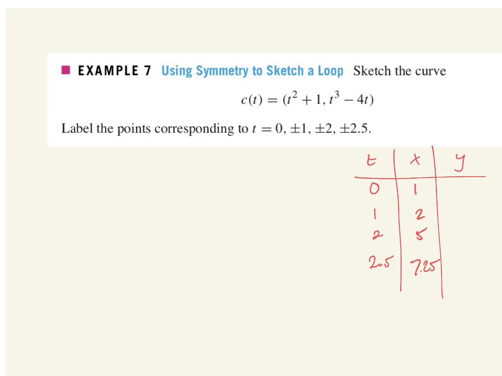And if I do the same thing with my y's, 0 gives me 0 again. 1 gives me -3. 2 also gives me 0. And 2.5 gives me 5.625. Okay.